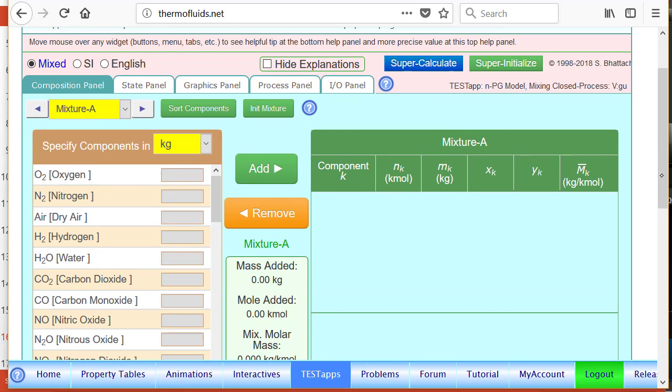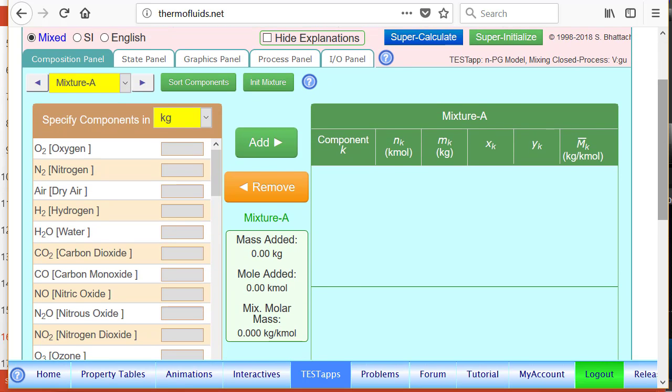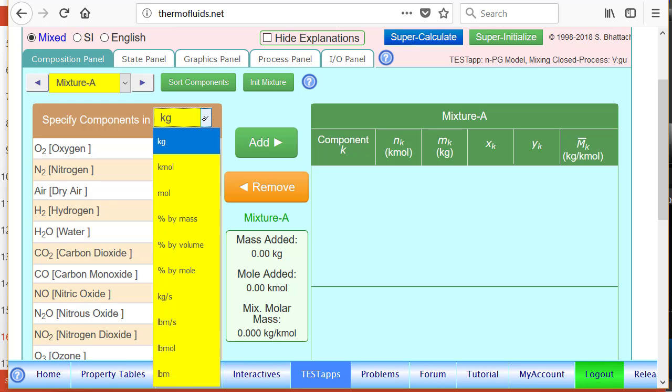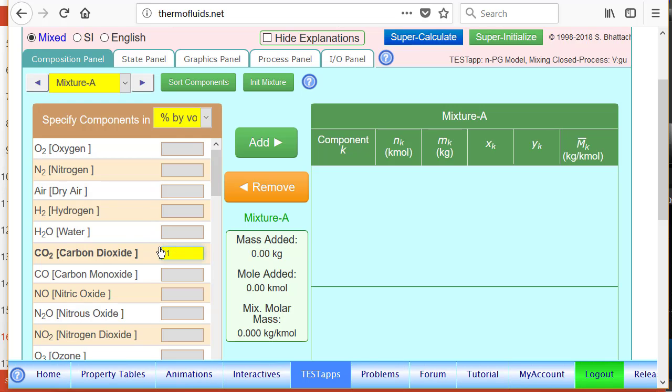Okay, so let's begin. Mixture A, that's our left chamber, 50% hydrogen, 50% CO2 by volume. Proportions are often given in mass, but in this case, we know the percent by volume. So in many different ways, you can assign the proportion of a mixture.